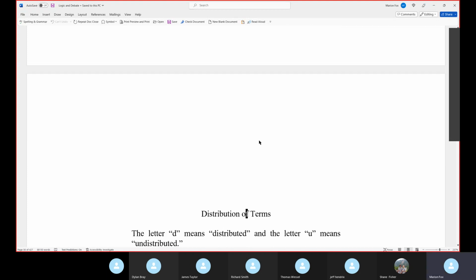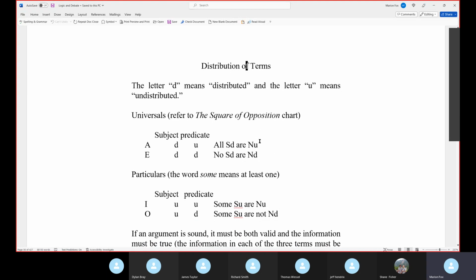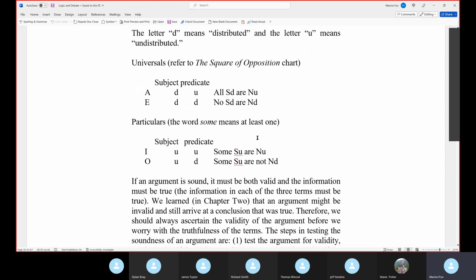But here's what it means to be distributed. We have our premises. This is an A-type proposition. In all A-type propositions, the first part, all S are N, I use the letters S and N, is distributed. It's modified by the word all, that's pretty clear.